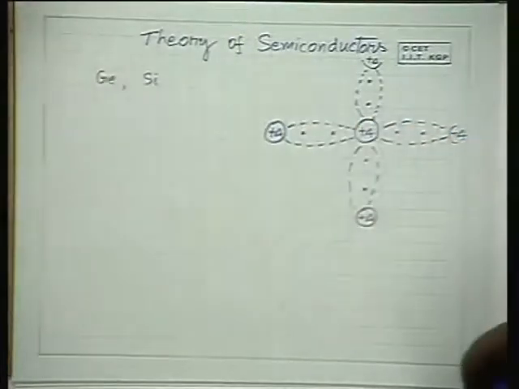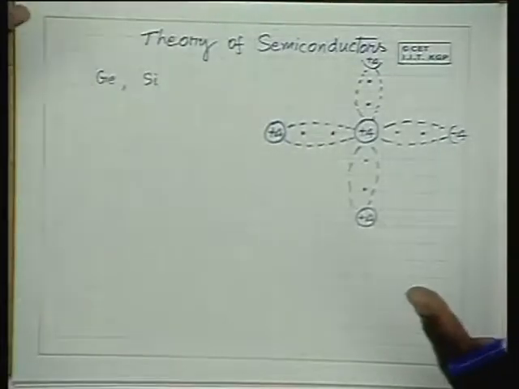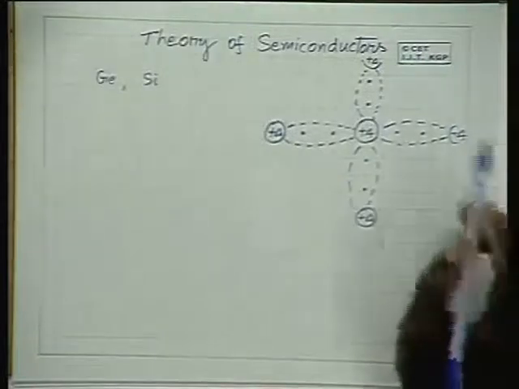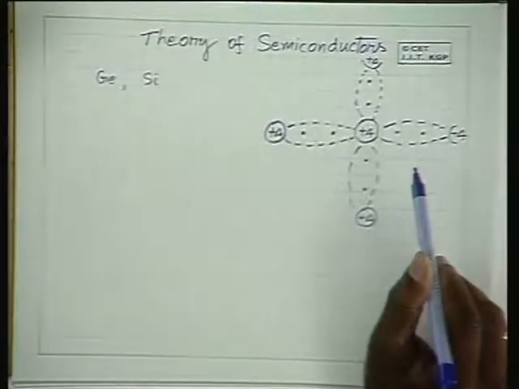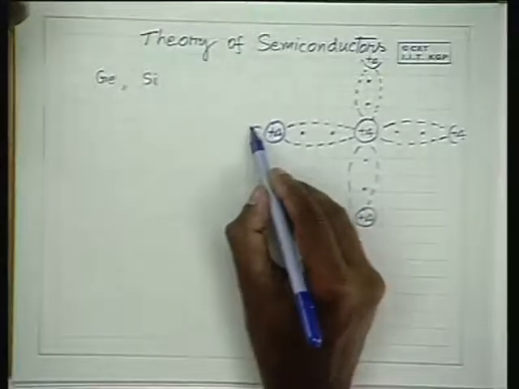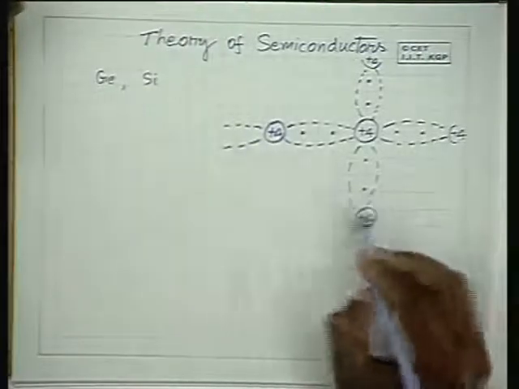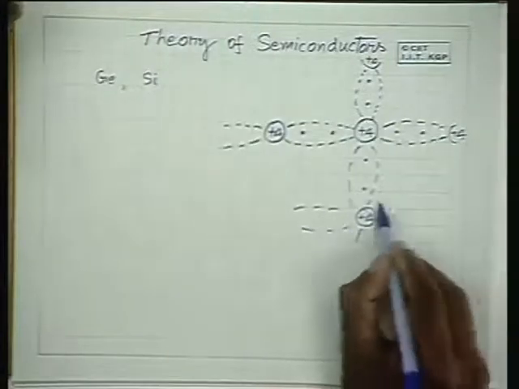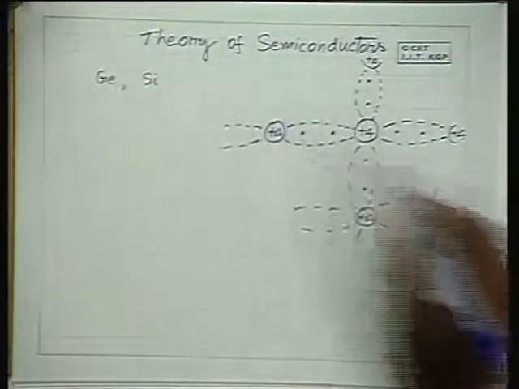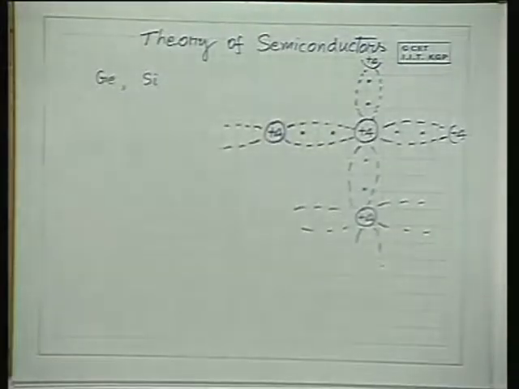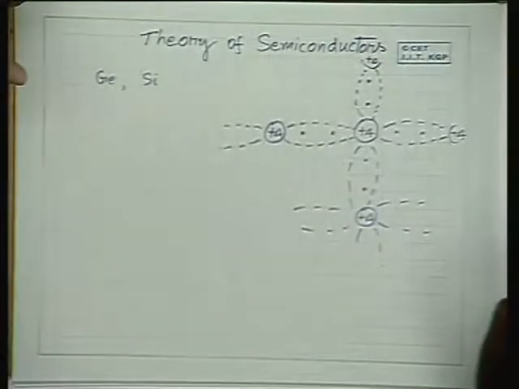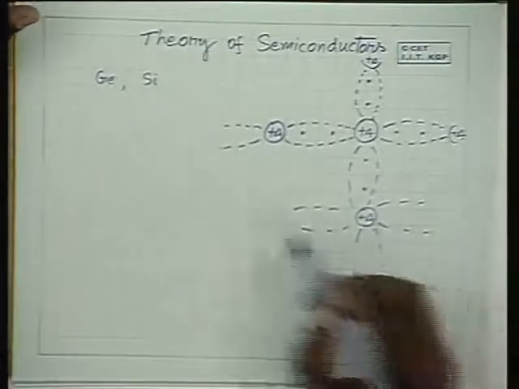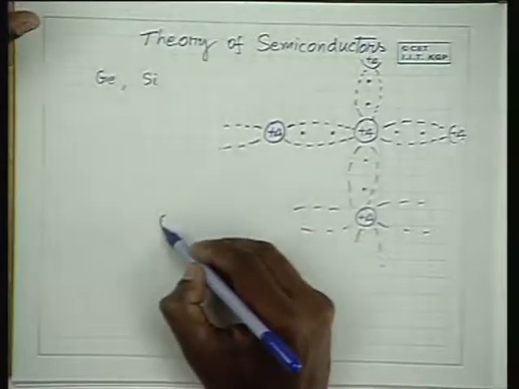And this structure repeats and you have the bulk material available, and the strength of the bulk naturally depends on the strength of the covalent bond. This is a 2-dimensional picture. In fact, this atom forms a covalent bond with its adjacent atoms, and so on. The structure repeats. In actuality, the structure is a tetrahedron.